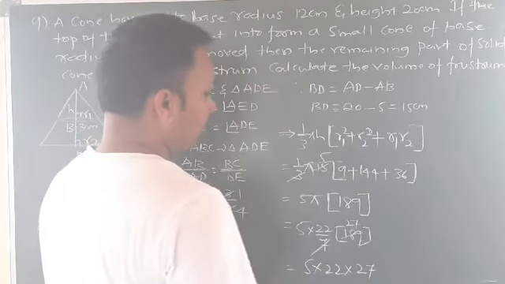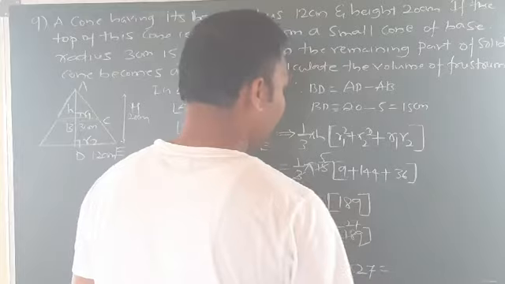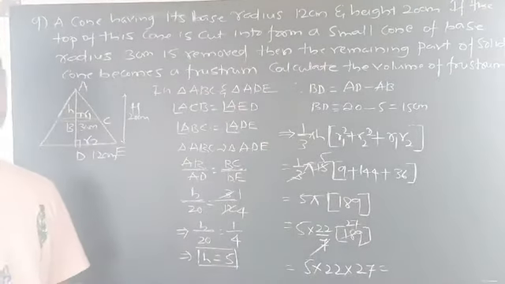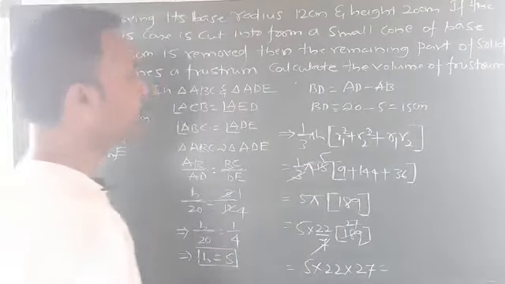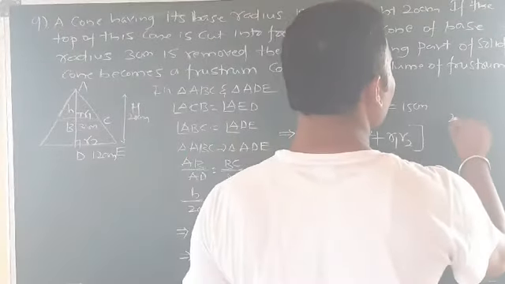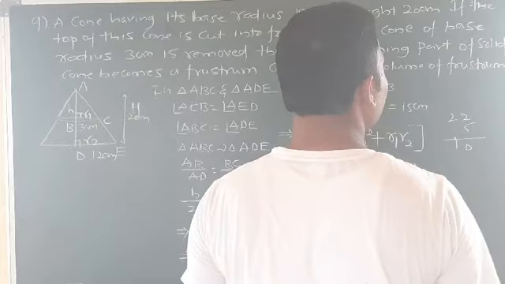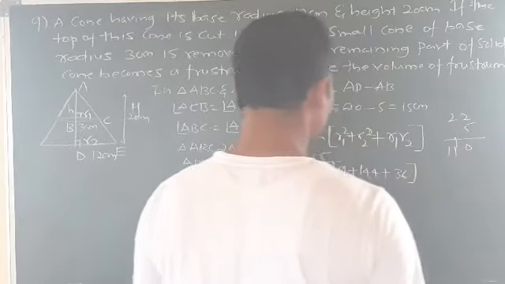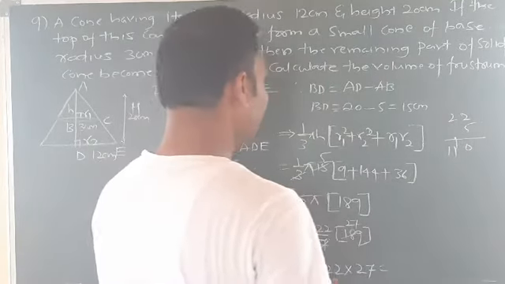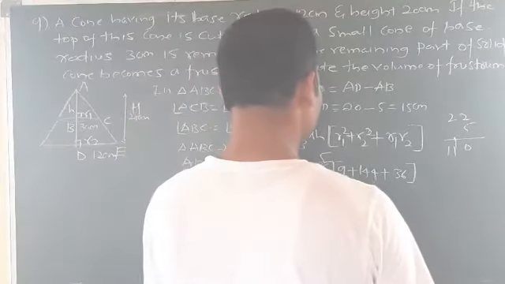If you multiply, what will you get here? 5 into 22, how much will you get? 110. And we have again 27.